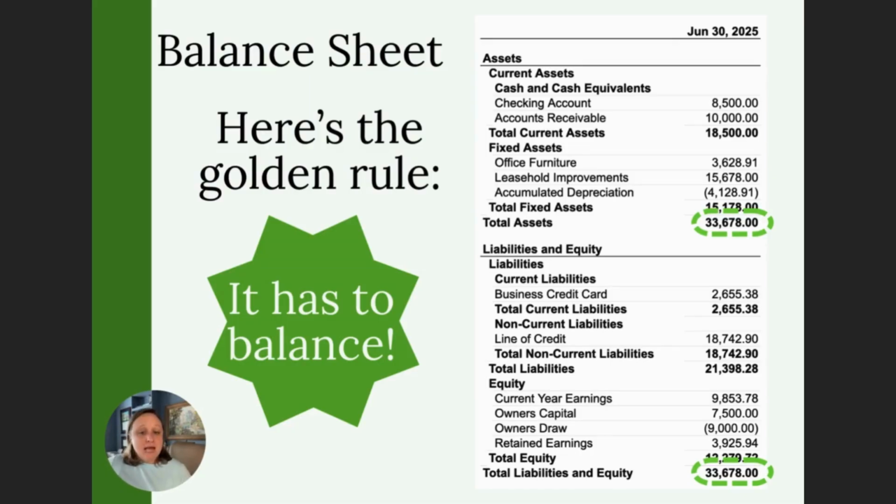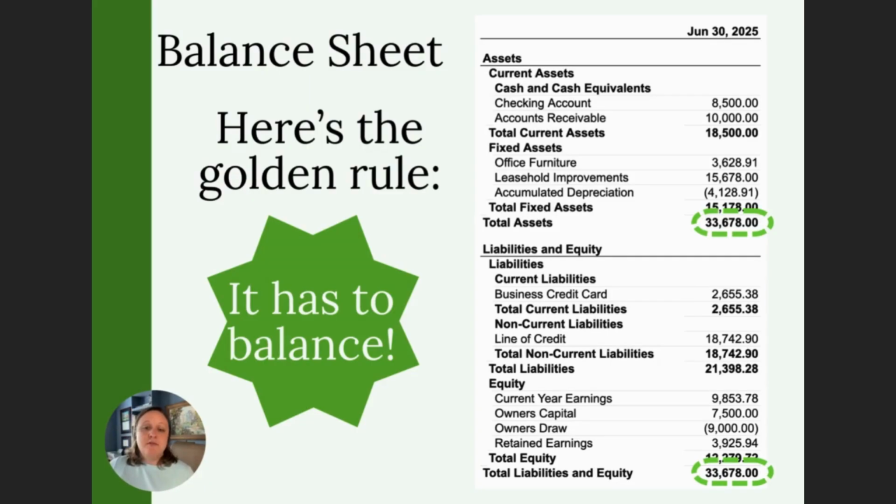And on your fixed assets, like the office furniture and leasehold improvements, you'll have depreciation taken out because those items will decrease in value over time. And so we account for that with accumulated depreciation. So your total assets are going to be here after adding all of those up.